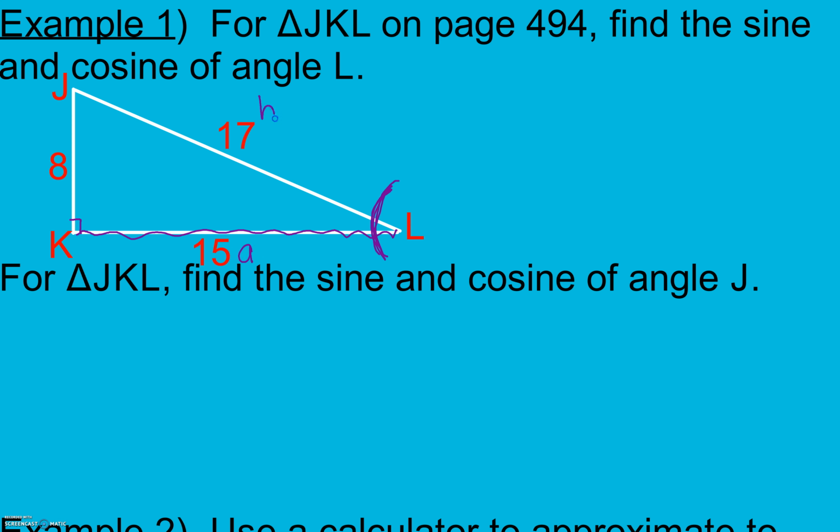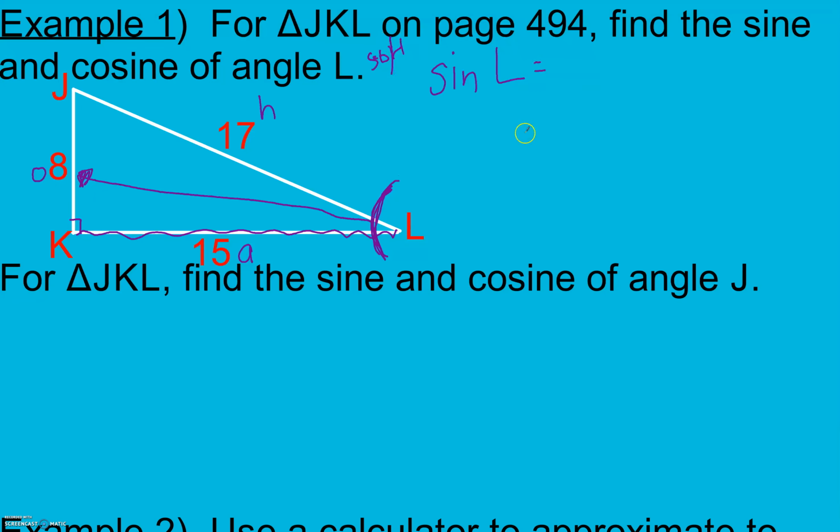Our hypotenuse is always our longest side, and the one opposite is our opposite side, the one that's not a part of our angle. It's like the odd side out. It doesn't make the angle. Odd is our opposite.